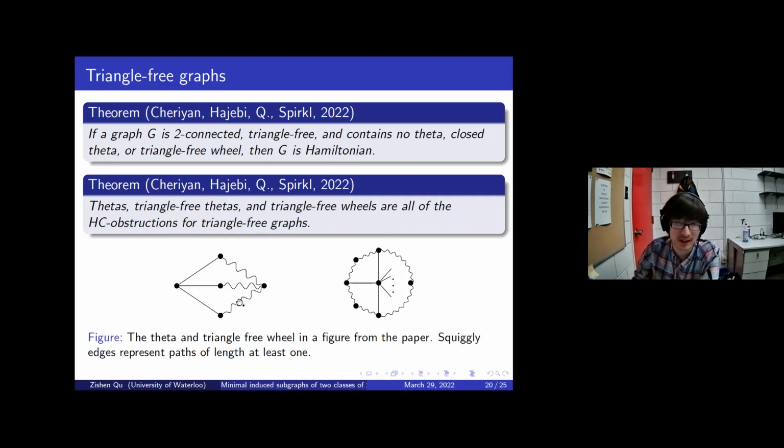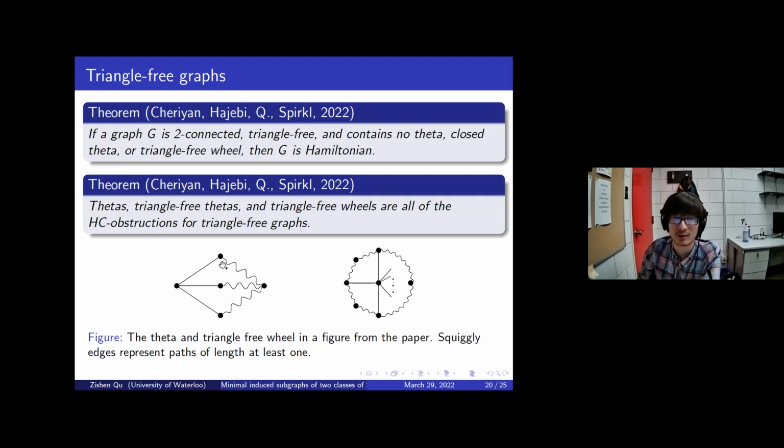So the theta is just 2 vertices with 3 paths between them of length at least 2. And the triangle-free wheel is you have a cycle and you add a vertex that's adjacent to 3 vertices of the cycle, and there's no triangles. So the closed theta is the extra thing that we haven't seen, which is you just take the ends of the theta and you add an edge between them. So that's not really going to help you in obtaining a Hamiltonian cycle, because it's just an edge.